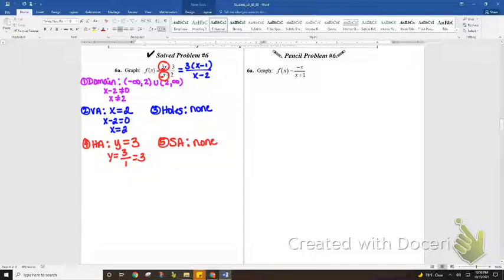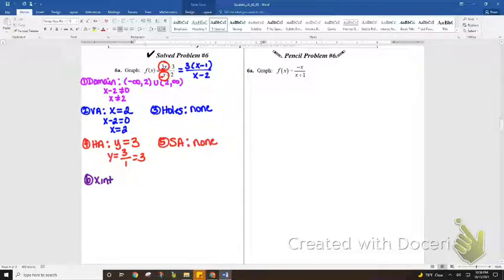Alright, and then something we haven't talked about today, but we have talked about in the past, is x and y intercepts. So we're going to find our x and y intercept. So let's start with our x-intercept. Remember, this is where you set your function equal to 0 and then you solve it. But here's a neat thing about the rational function, guys. I'm going to do this as a side note, don't write it.